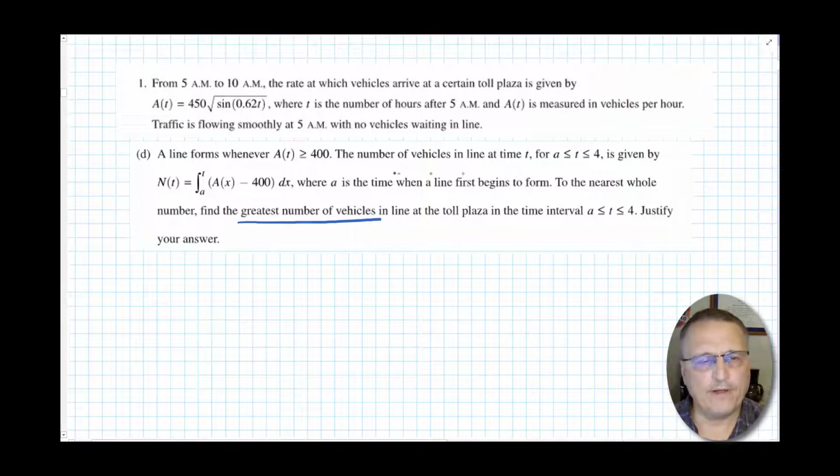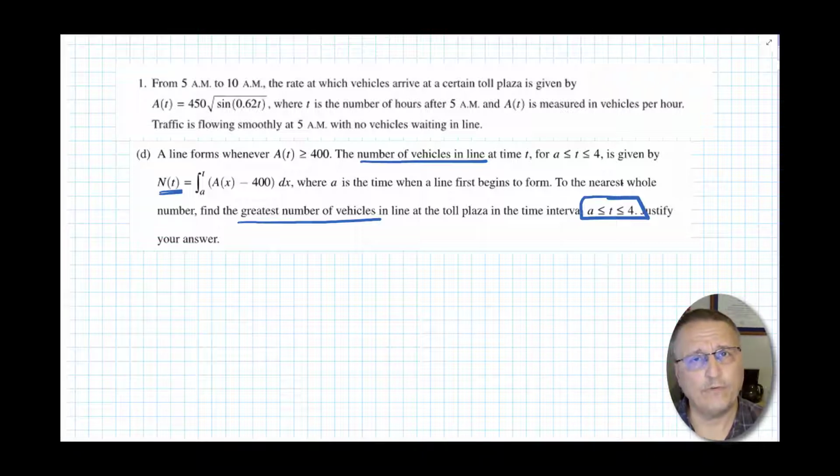When we first read this problem, we realize that we're trying to find the maximum value of N of t, because that represents the number of vehicles in line. I want to find the maximum value of that over a closed interval. So I'm going to use the extreme value theorem, which says that if my function is continuous over a closed interval, there will exist at least one value of x, or in this case t, for which the function has both a maximum and a minimum.